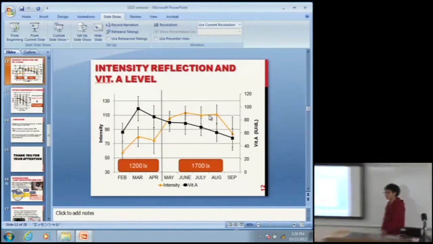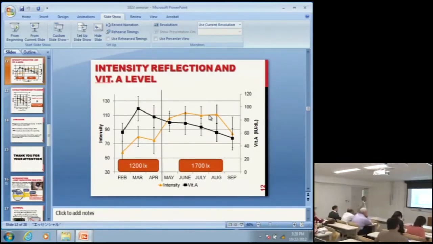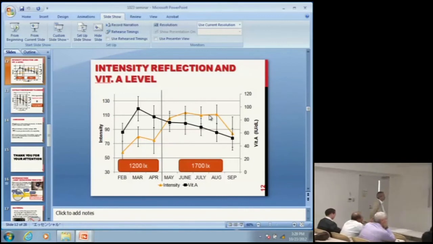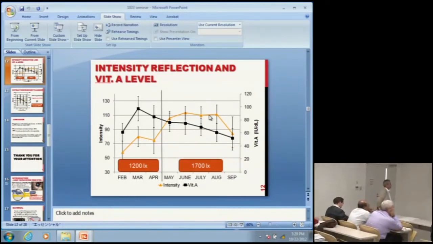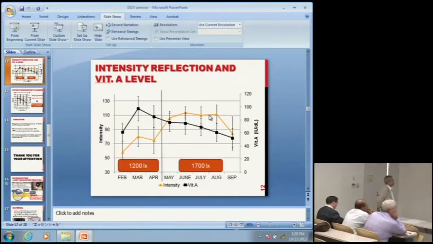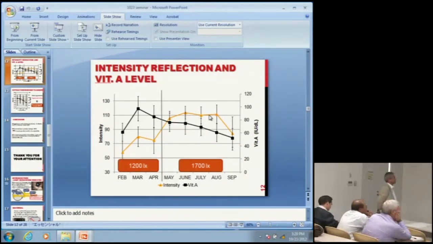You mentioned already that when the vitamin A level is high, the intensity is low. You know that fact. But how close are they connected to each other? How accurate can we use the intensity to predict the vitamin A level?